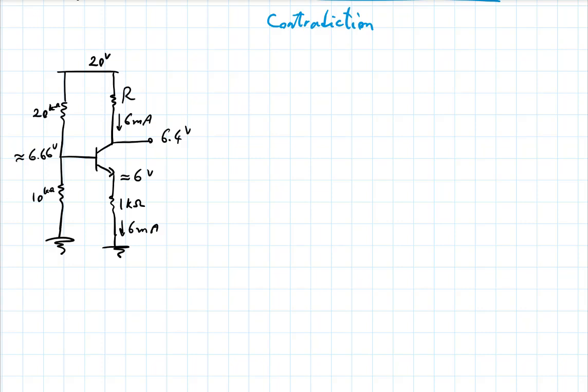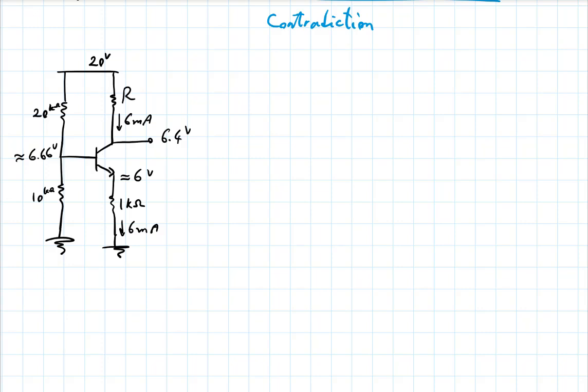Approximately 2.2, right? So that's about 14 volts divided by 6 milliamps. Maybe a little less than that, right? Let's say 2.1, 2.2 kilo ohms. So what happens if I now put a resistor whose value is higher than that?